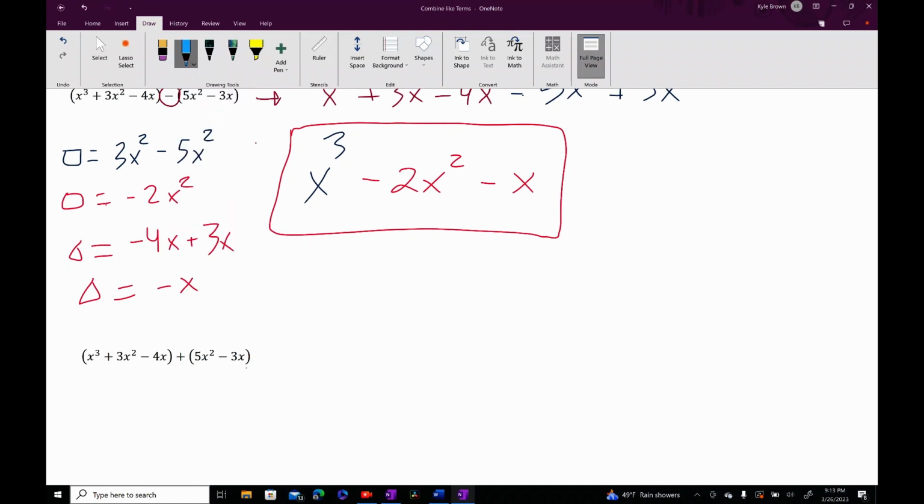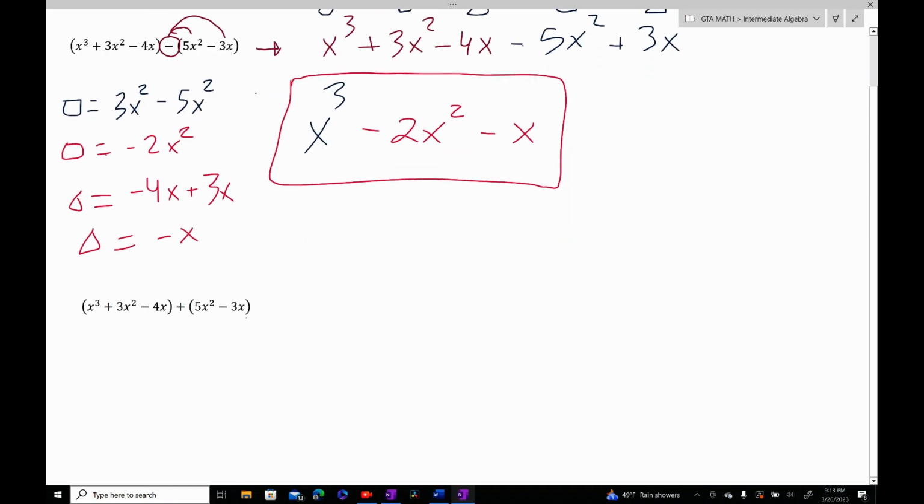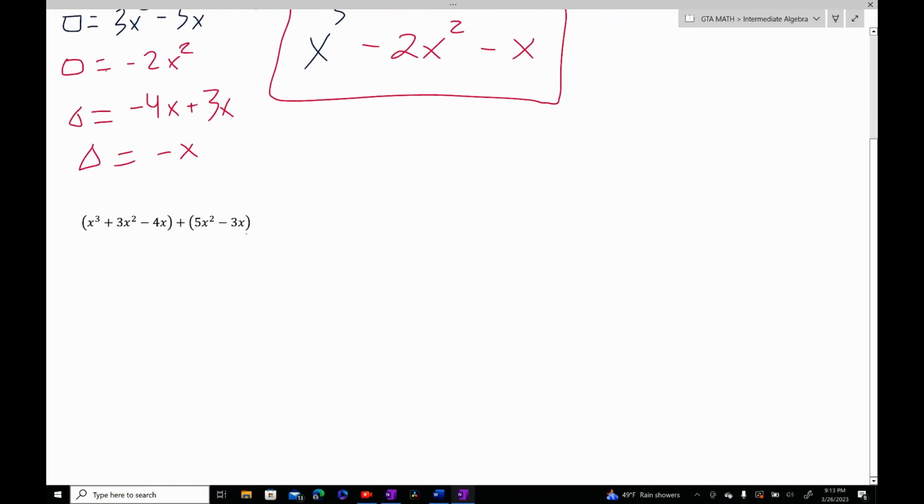And then when we go to this next part, we got the same numbers, but we have a plus sign. Since we have a plus sign here, we rewrite all of this the same way. So it's going to be x cubed plus 3x squared minus 4x plus 5x squared minus 3x.